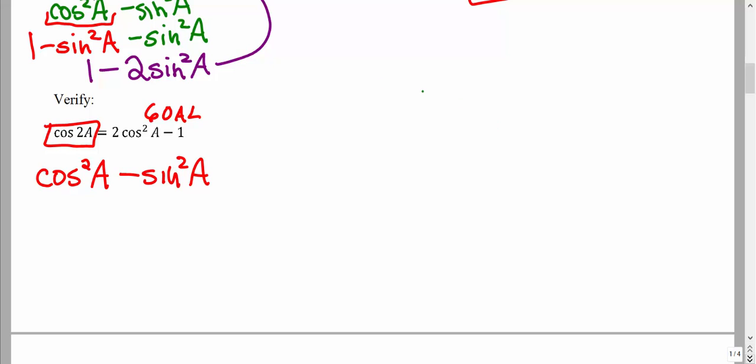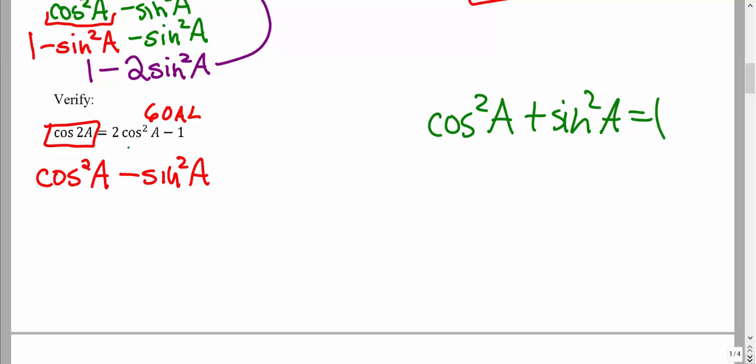We're going to use one of our Pythagorean identities again. We go back to cosine squared A plus sine squared A, which we know is equivalent to 1. And we notice that the right-hand side of our identity is only in terms of cosine. There are no sines at all. So let's replace sine squared A with something equivalent. Let's rewrite our Pythagorean identity with sine squared A by itself on one side.